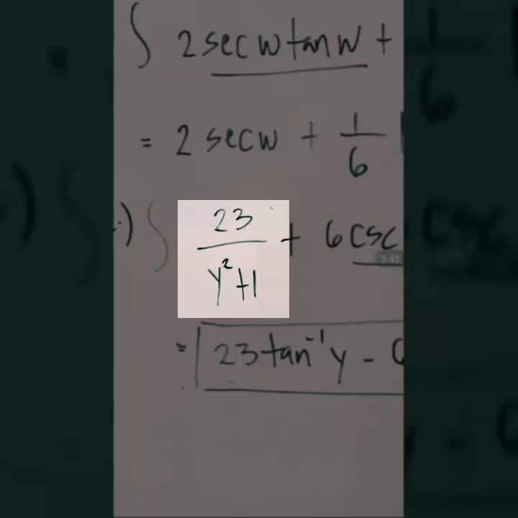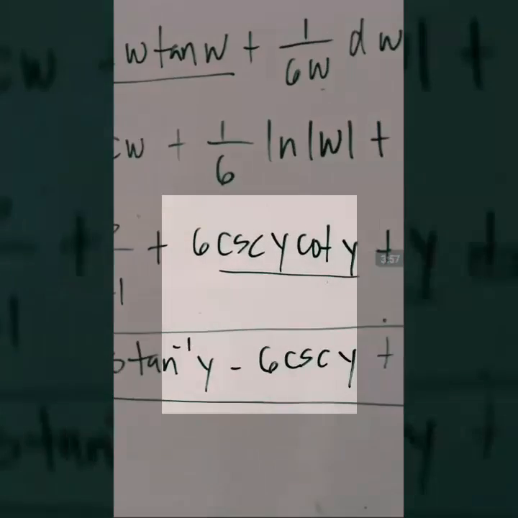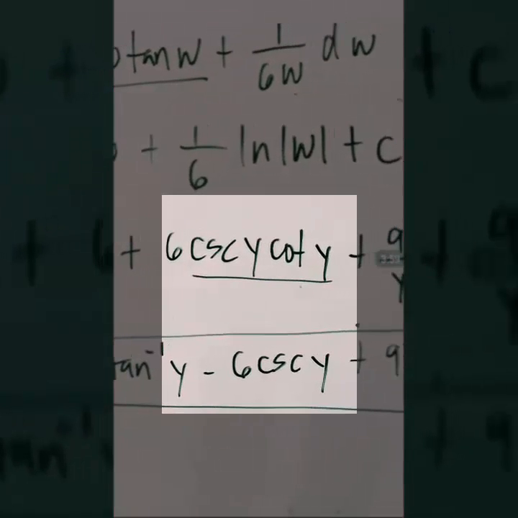Kaya ang integral ng first term is 23 arctangent y. Second term, 6 cosecant y cotangent y, integral ng cosecant y cotangent y is negative cosecant y, kaya negative 6 cosecant y.